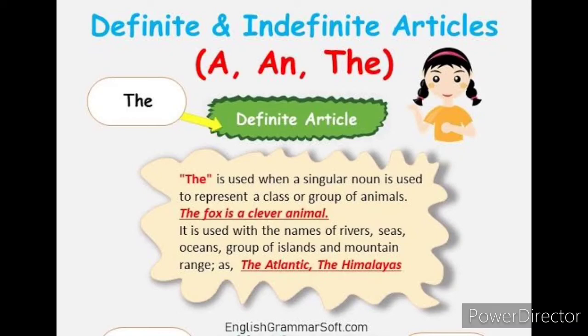And also, the must be used in front of superlative degrees. For example, the Earth is the largest planet in the solar system. Earth is the name of the planet, and we are using the superlative degree largest, so the must be used in front of the superlative degrees.